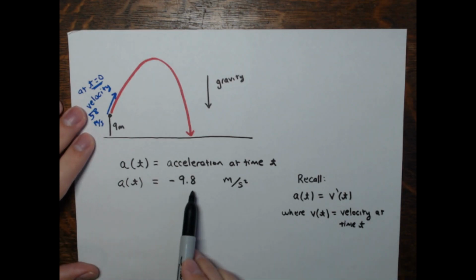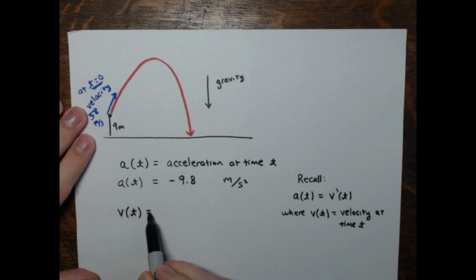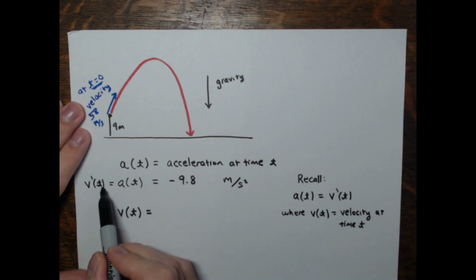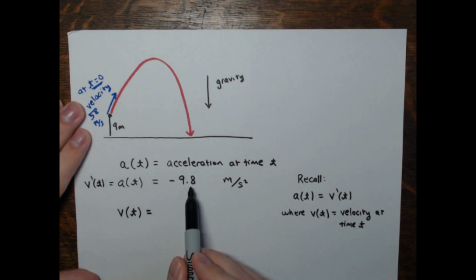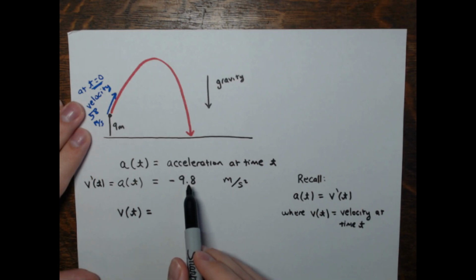Okay, so if this is acceleration, then to get velocity, we just need to integrate, right? This is just like having a little differential equation here. It's like having v prime equals negative 9.8, and then I integrate to get v with respect to t.